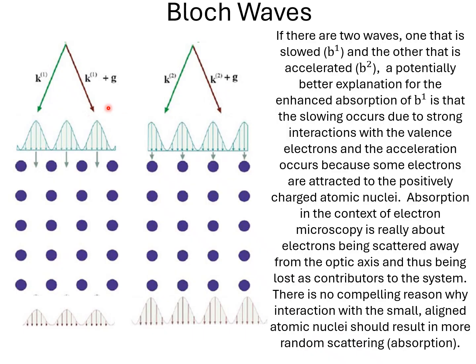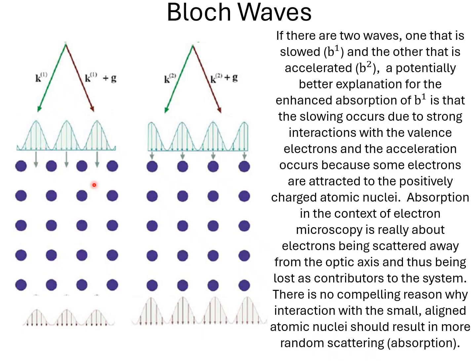Now, whereas Bloch wave 1 is, let's say, traveling through the electron cloud surrounding the atomic nuclei, and it is absorbed. The reason to think of this as being the more feasible picture is that absorption is a bit of a misnomer.